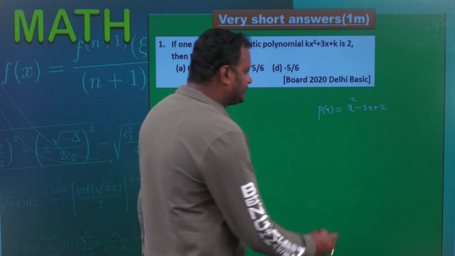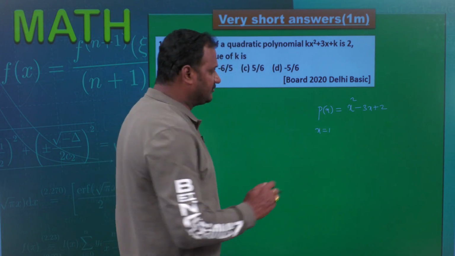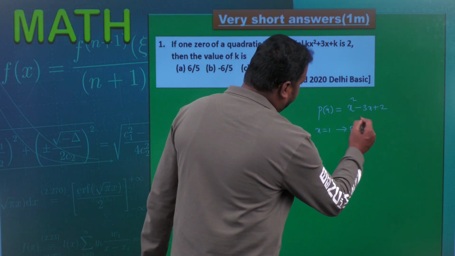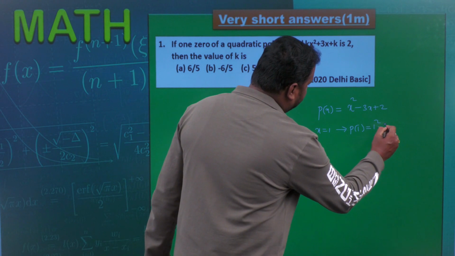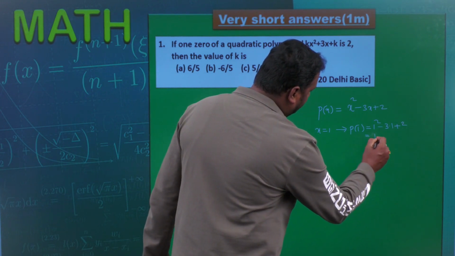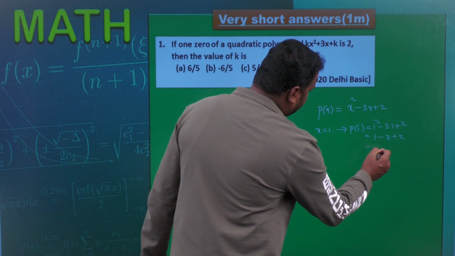Suppose I substitute x equal to 1, then p of 1 is going to be 1 square minus 3 into 1 plus 2. So 1 square equal to 1, 3 ones are 3, plus 2. 1 plus 2 equal to 3, minus 3 is equal to 0.